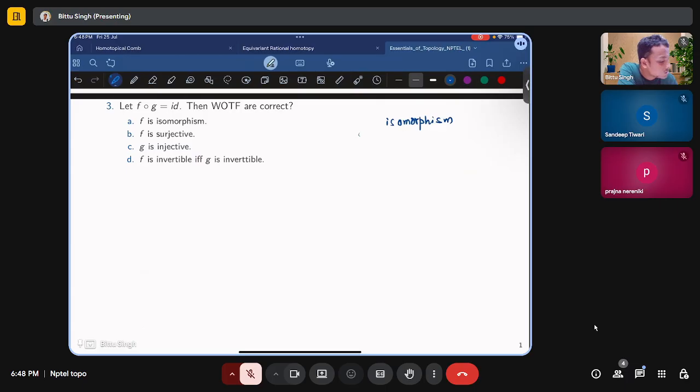Isomorphism is equivalent to saying bijection, or we also call it one-to-one correspondence. So the question is, f composed with g is the identity. Then is f an isomorphism?